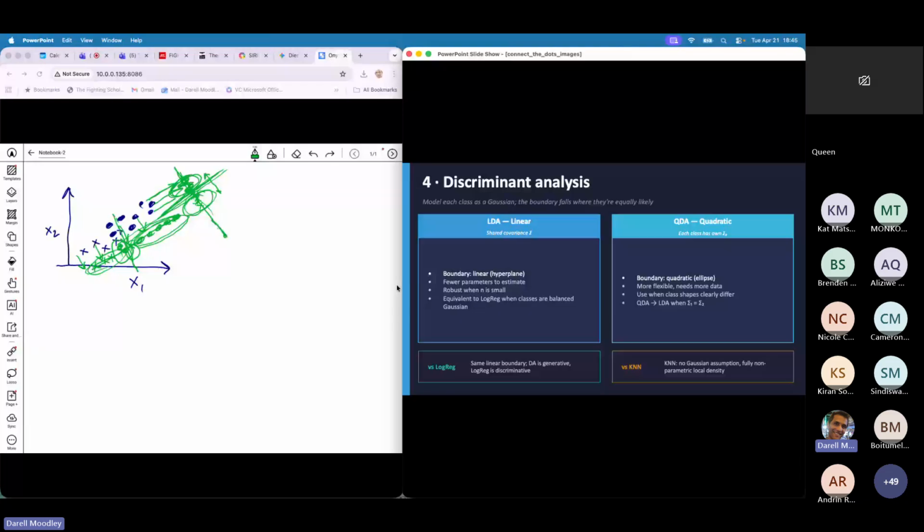And instead of using x1 and x2, we would just use a single variable. So you reduce the dimensions and you found a better way to separate the classes. So that's what LDA does. It does two things. It can reduce the dimension and it can separate classes very efficiently by maximizing the distance between them and reducing the variance.